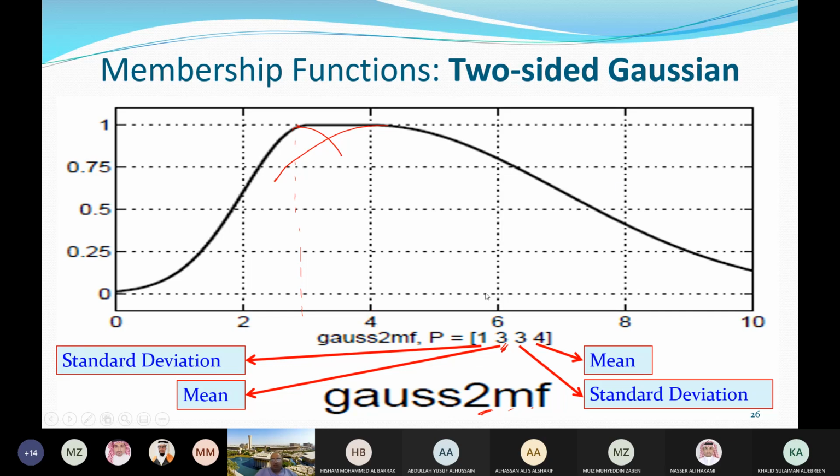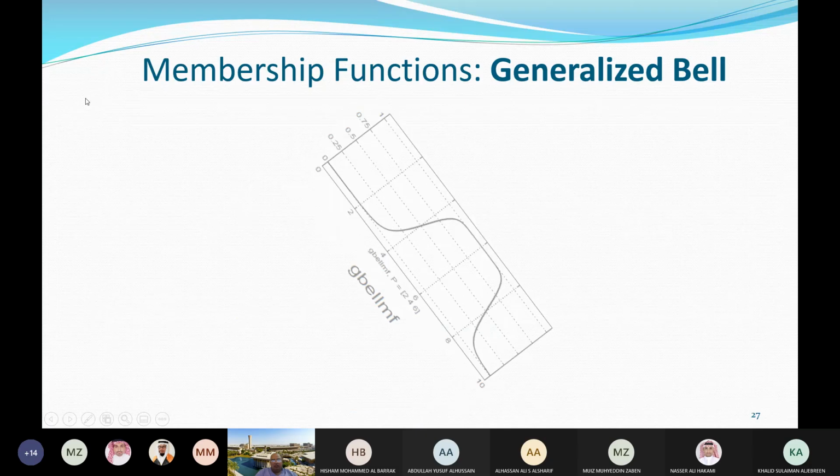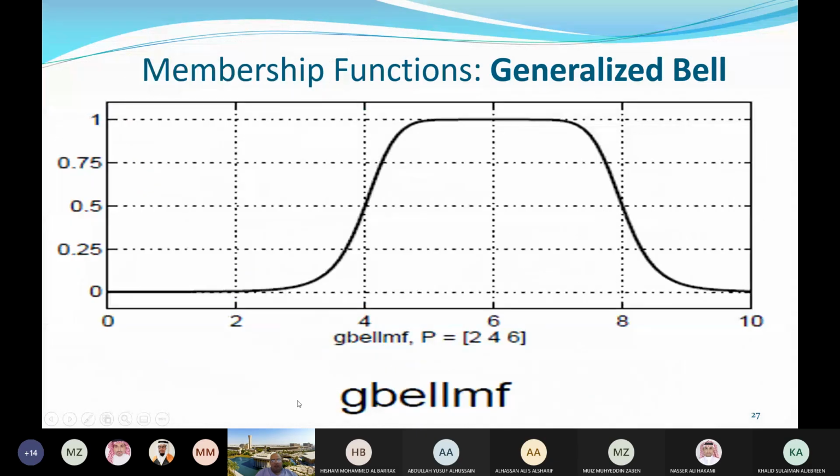As you can see, the membership function can take several shapes. It's not only triangular or this. You can have even more and more. This is the generalized Bell function, the generalized Bell membership function. You can characterize this function by these 3 parameters.